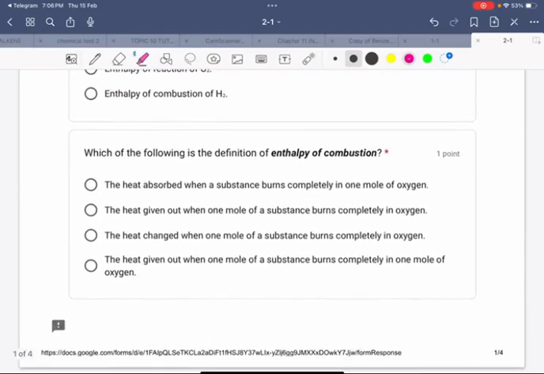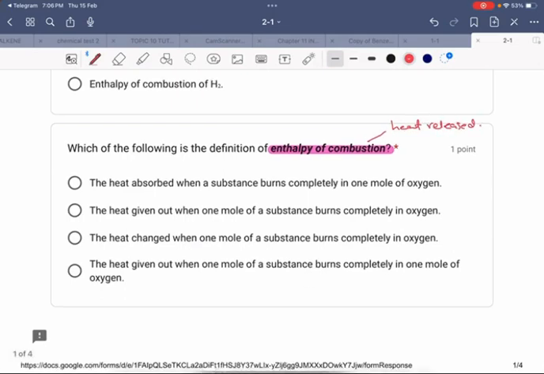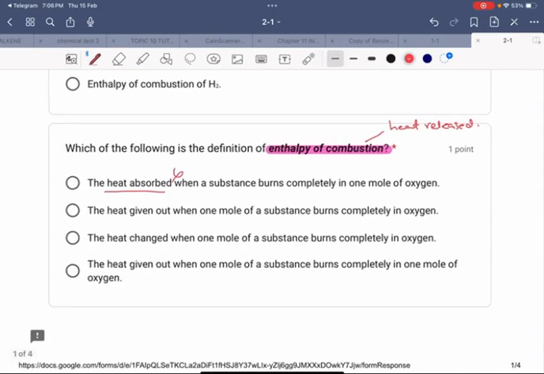Okay, next. Which of the following is the definition of enthalpy of combustion? Enthalpy of combustion is heat released. Okay, pembakaran, right? So heat absorbed is not the answer. Incorrect. Heat given out when 1 mole of substance burns completely in oxygen. This is the correct statement. The heat change: for combustion, we cannot use the term heat change.